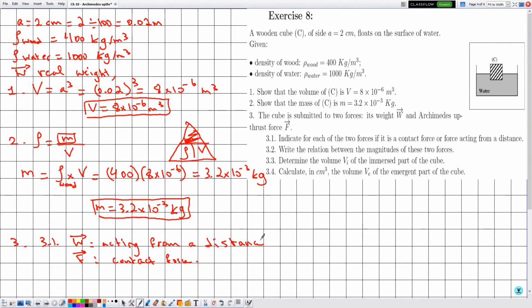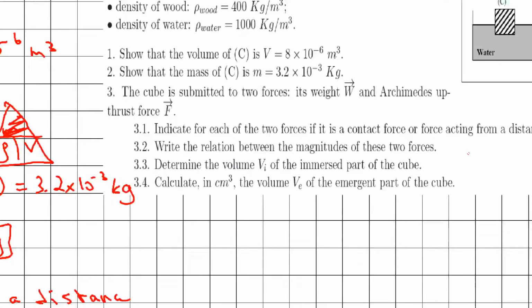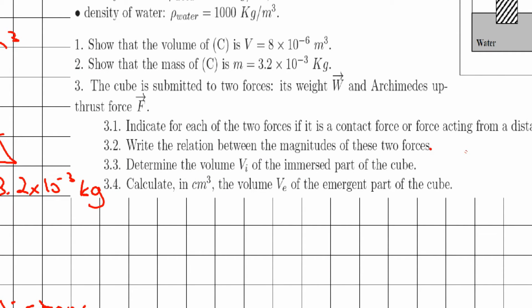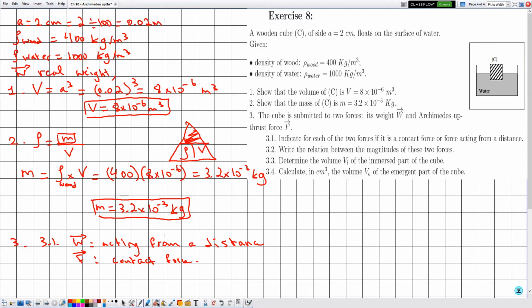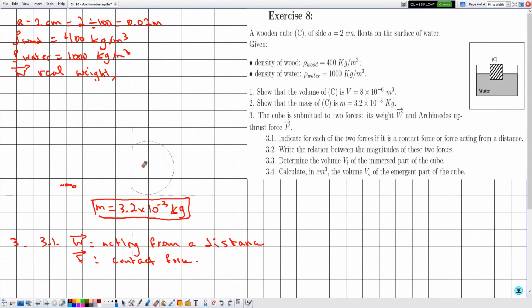3.2. Write the relation between the magnitudes of these two forces. In order to determine the relation between the magnitudes of these two forces, we need to write the condition of equilibrium. Let's determine first the condition of equilibrium, which is given by, with the title at equilibrium.